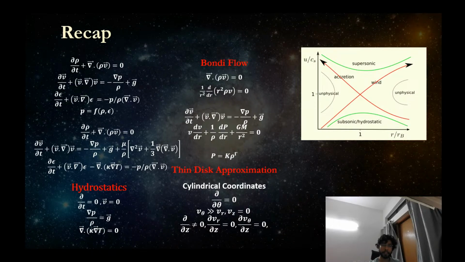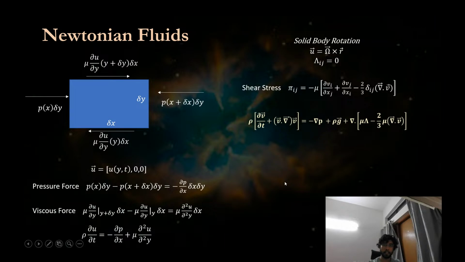Okay. So we will basically solve these equations with these assumptions. But before that, we will take a little detour, and we will see something else which will be important in our case.